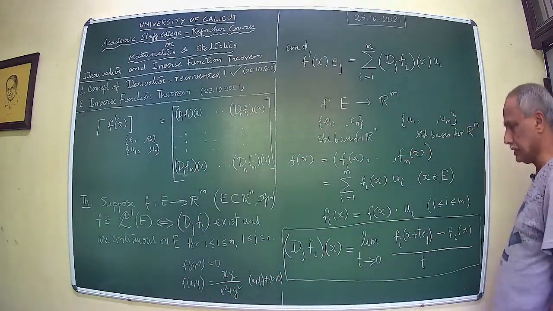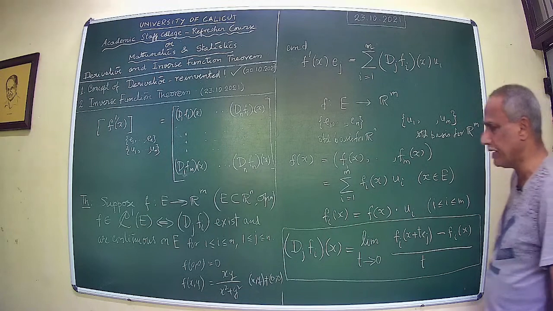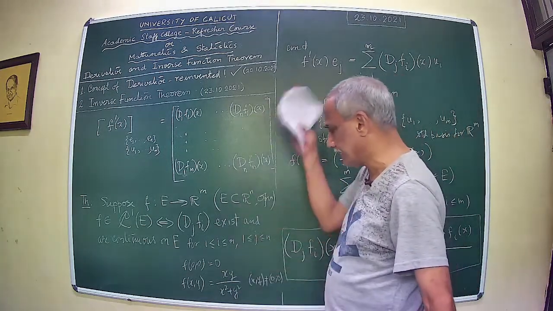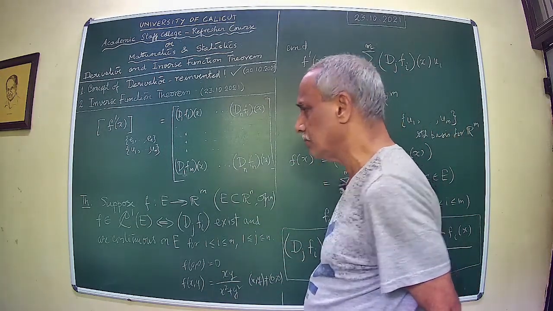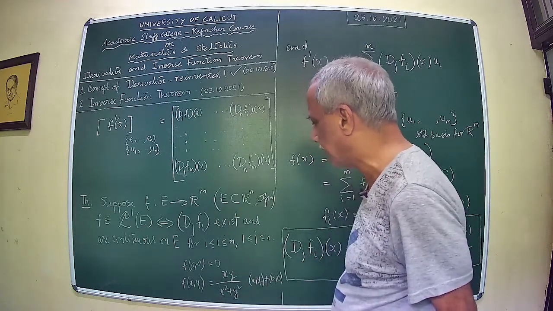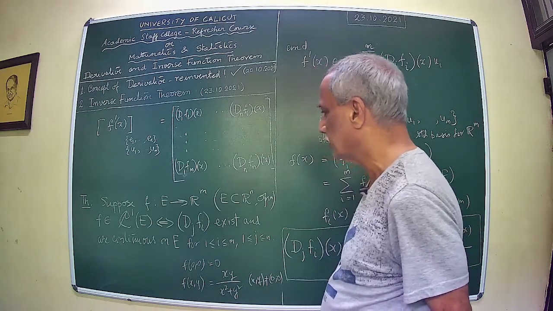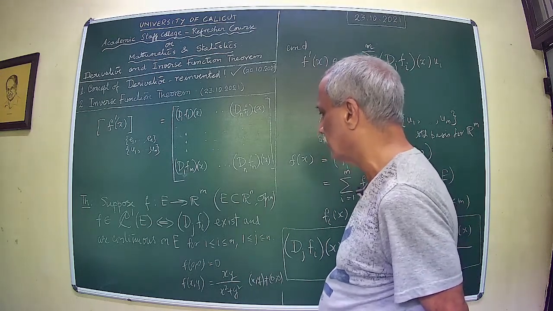You see that the partial derivatives exist at 0, 0, and they are all identically 0 and everything is fine, but certainly the function is not differentiable.